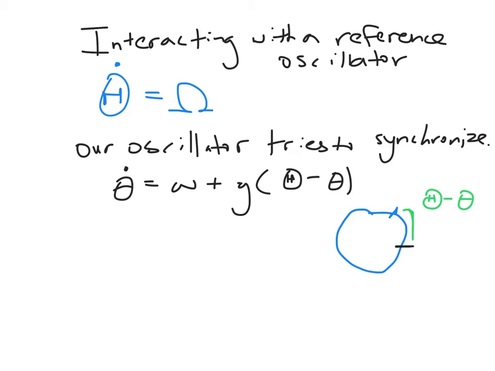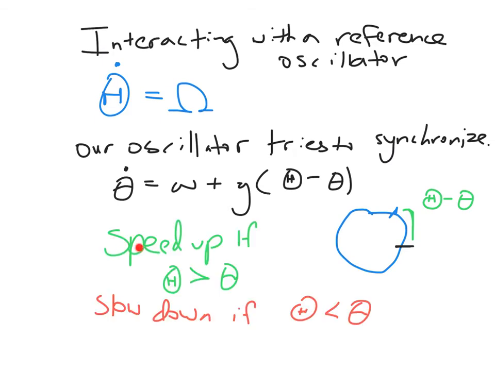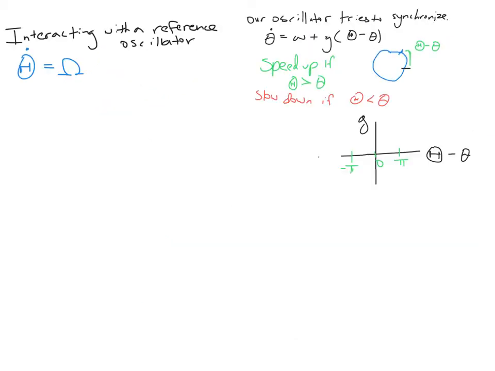And so if an oscillator is trying to synchronize, what kind of function do we want here? Well, if little theta is behind, I suppose we would want to speed up. And if little theta were instead ahead, I suppose we would want to slow down. Okay, so we would speed up if capital theta is larger than theta. If capital theta is ahead, the reference is ahead. We would slow down if the reference is behind.